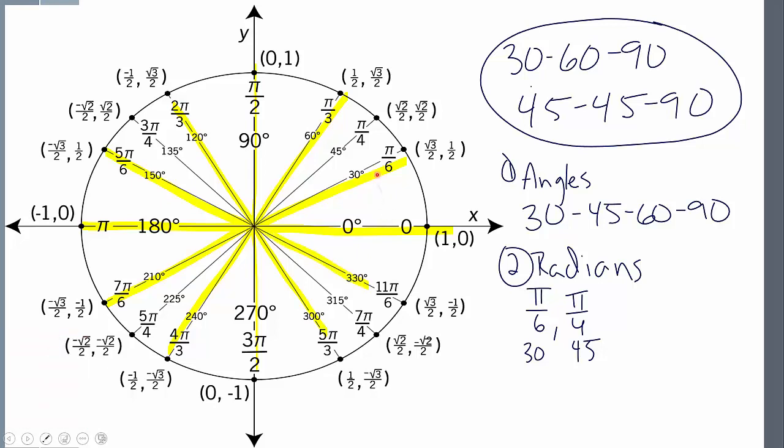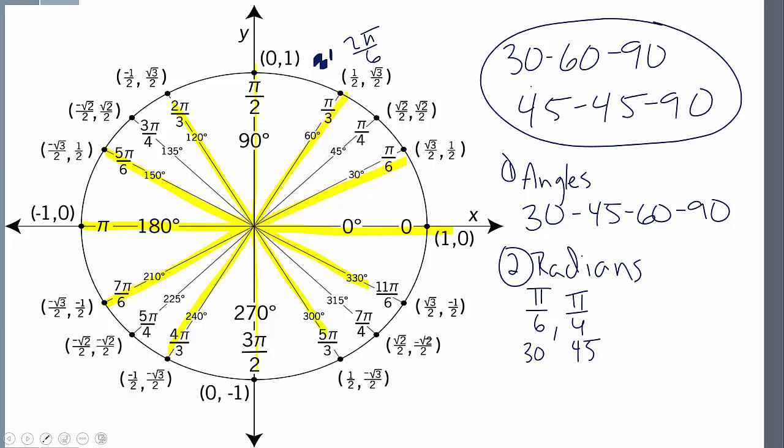For example, one slice would be 1 pi sixths. Two slices would be 2 pi sixths, but if I reduce that, I get pi thirds. 3 slices would be 3 pi sixths.